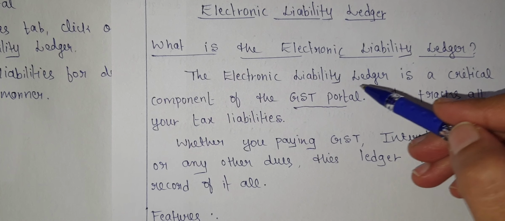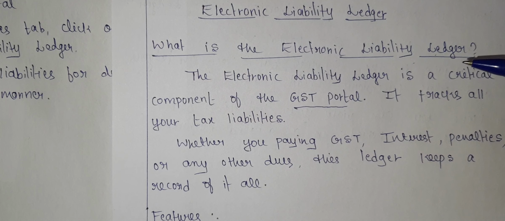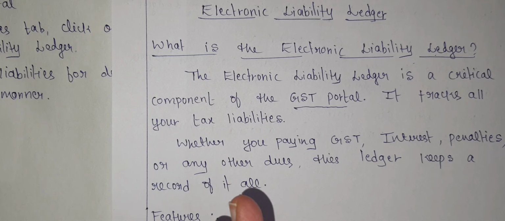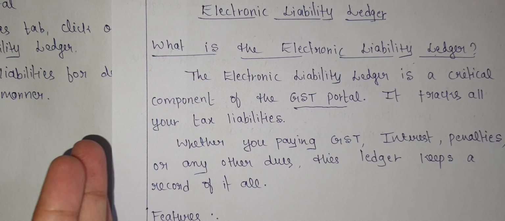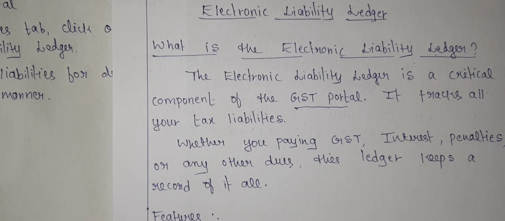The electronic liability ledger is a critical component of the GST portal, and it tracks all your tax liabilities, meaning all your payments of any GST, interest, penalties or any other fees.